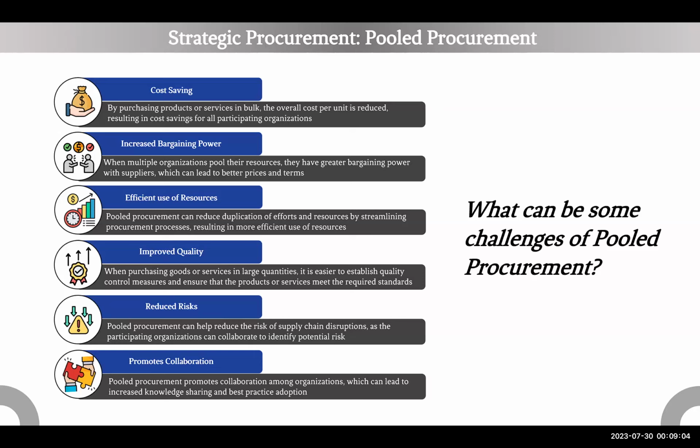It doesn't mean that organizations only buy from one supplier. The rules of procurement stay the same. It's just that more organizations and institutions come together in enforcing those standardized rules and purchasing everything at once rather than individually.